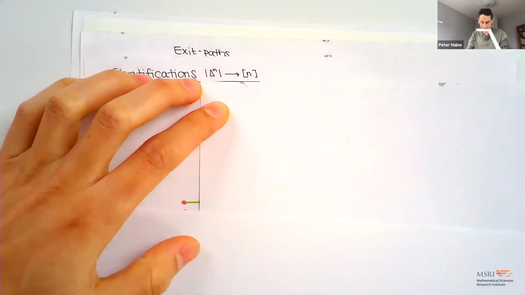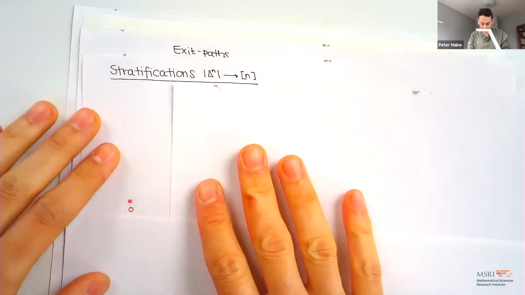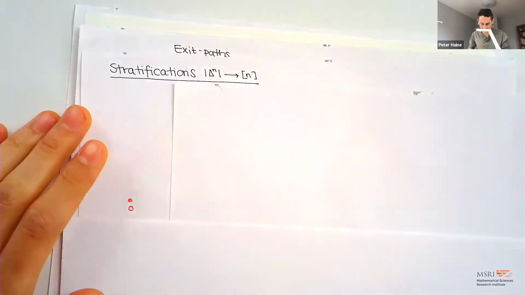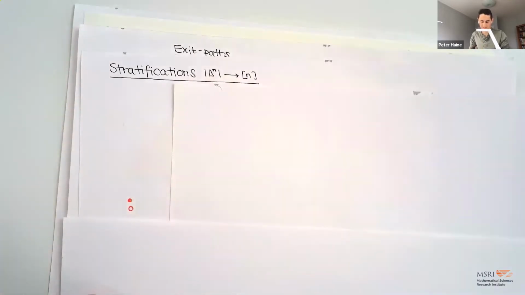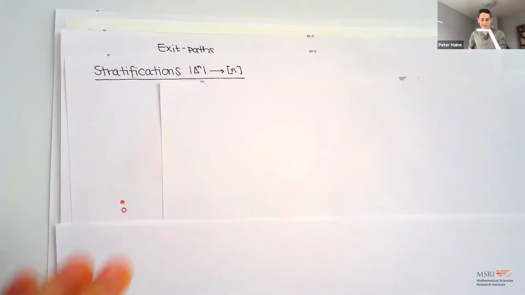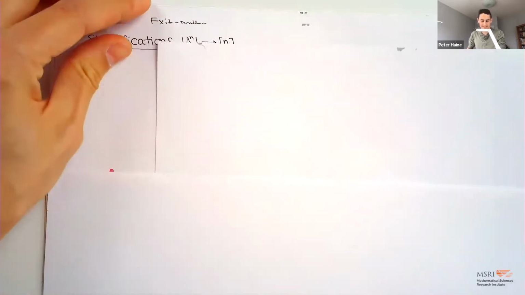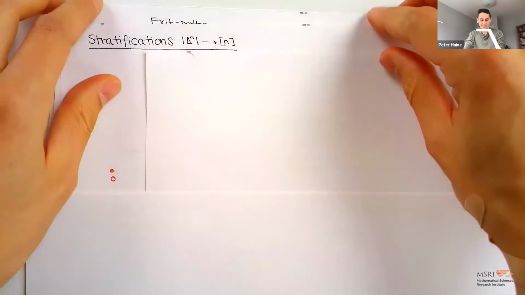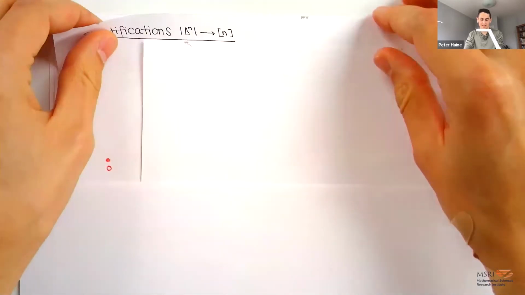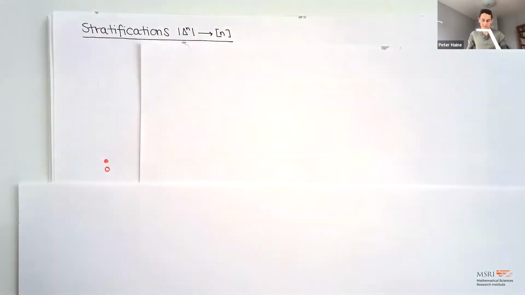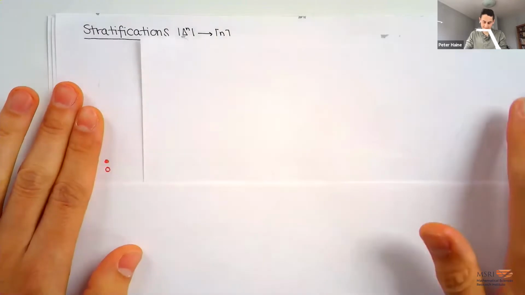I have some pictures pre-drawn. I apologize to anyone who's red-green colorblind, but I had a limited supply of colored pencils in my house. For delta 0, there's not much to say because bracket 0 is a point.